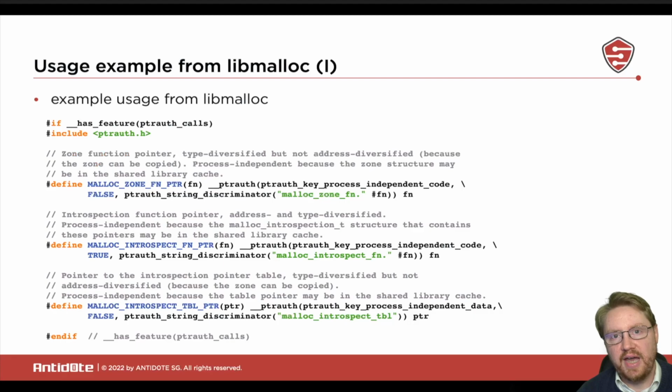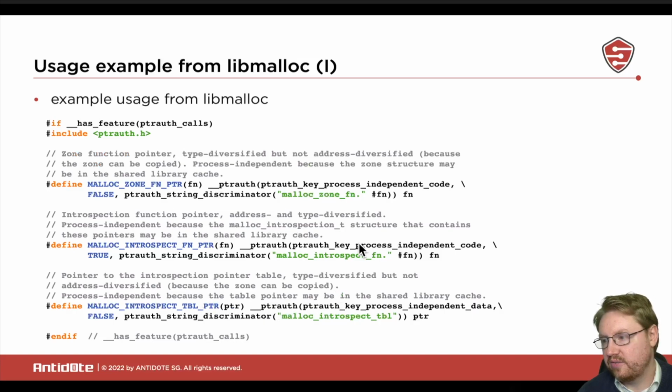So let's look at a real-world example of how this is used. Here we see code from libmalloc. Libmalloc is basically the basic malloc implementation in userland that all normal code uses. And as you can see here in one of the libmalloc header files, it specifies a number of defines, like a malloc zone function pointer, a malloc introspect function pointer, a malloc introspect table pointer.